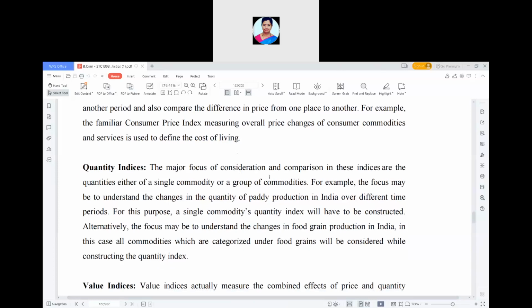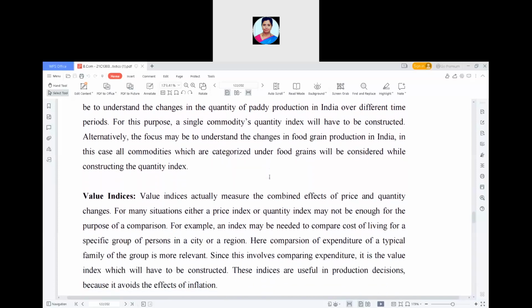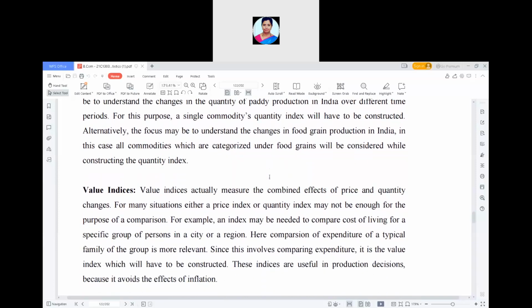Now we will see the value index. Here we have seen the price index and the quantity index, and now we will see the value index. What do I mean by this? Value indices measure the combined effects of price and quantity changes.